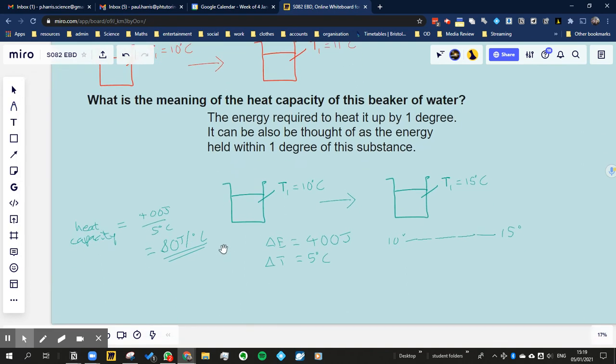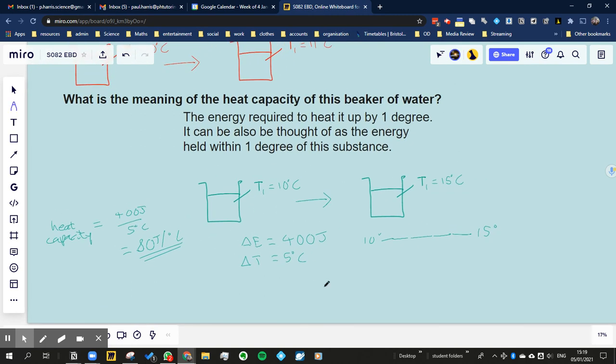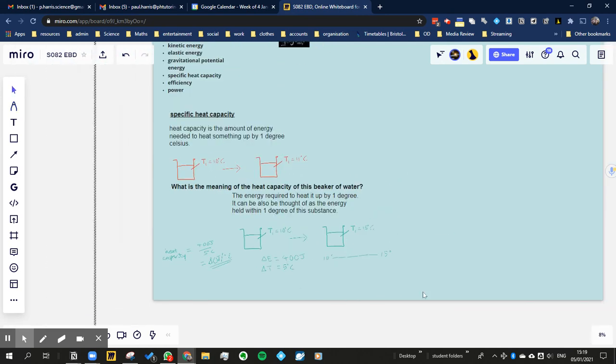So in my example there, it will take 80 joules for every 1 degree C. That's what the heat capacity is.